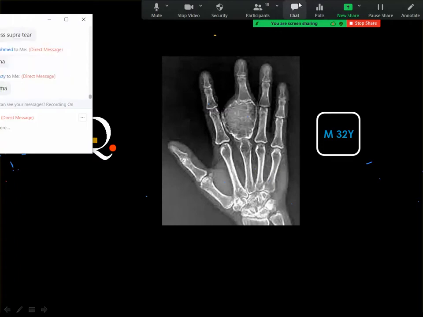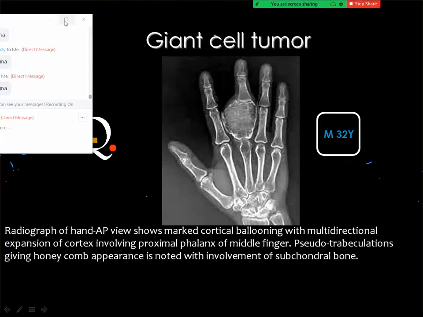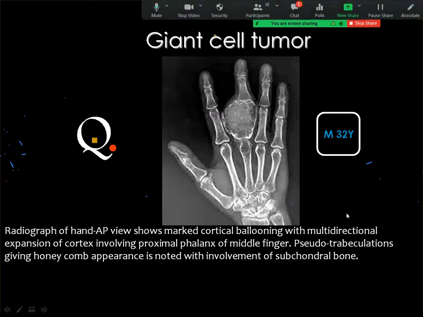Enchondroma. Okay. Enchondroma is a good possibility, and you cannot actually separate the enchondroma from the giant cell tumor. But many times you got that the enchondroma does not cause significant expansion.